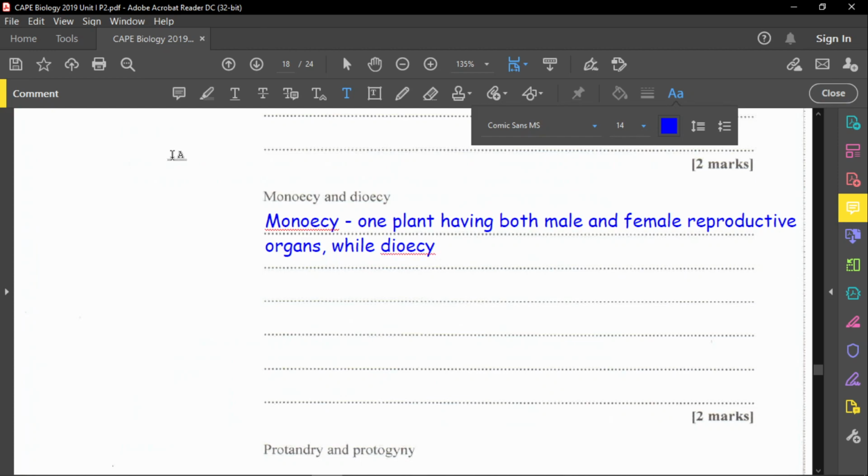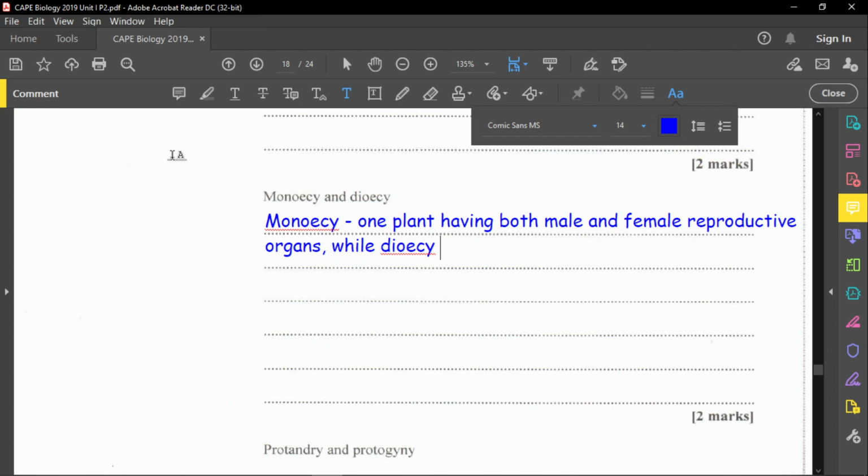And so you may easily mistake both monoecy and dioecy, because mono means one, which means a single plant containing the two organs. So that's why the mono comes in, one plant. That's why I make sure I say one plant having both. But dioecy now means two different plants or separate plants. So separate as in di, two different, okay?